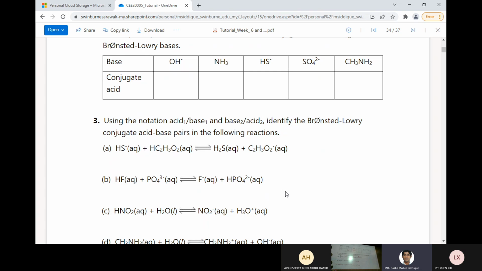Number B. So what is the name for this, HF aq? I am asking you guys. What is the name for this?